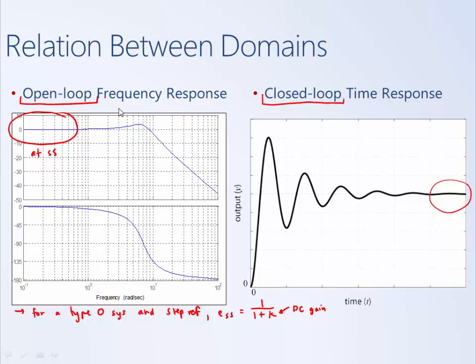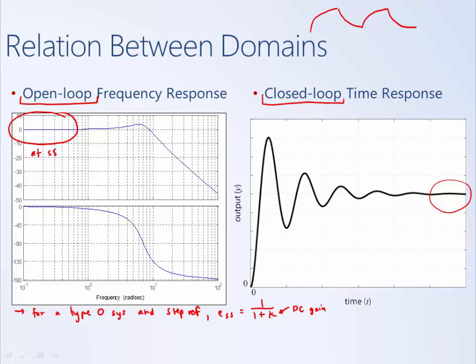So you could sort of imagine, let's say we had a first order system. And so if we put in a step input and then we turn the step off, and then we turn the step on, and then we turn the step off. If we do it at a very slow frequency, the system has a lot of time to react, and so it can get very close to its steady state value.